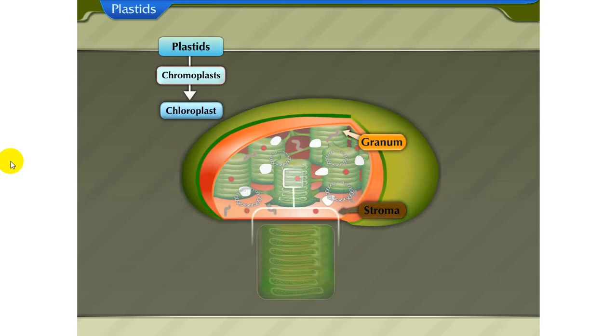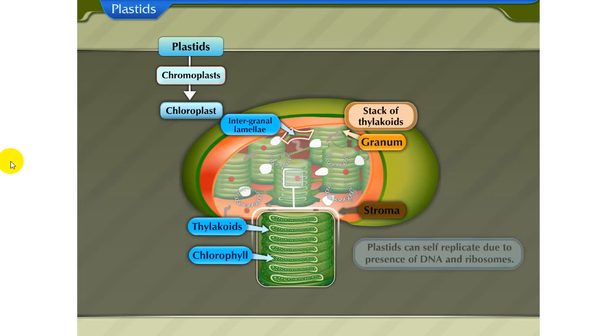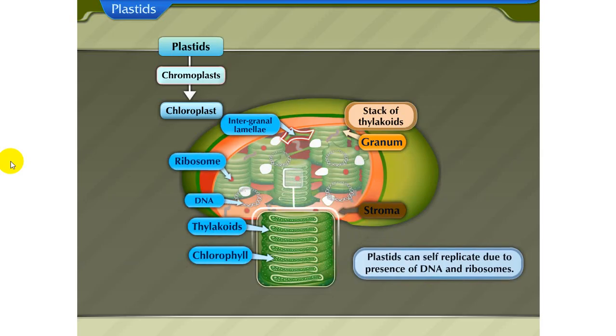Granum. It is a stack of thylakoids. Thylakoids are discs containing chlorophyll and other photosynthetic pigments. The tubes joining grana are called intergranal lamellae. Due to the presence of DNA and ribosomes, plastids can self-replicate like mitochondria.